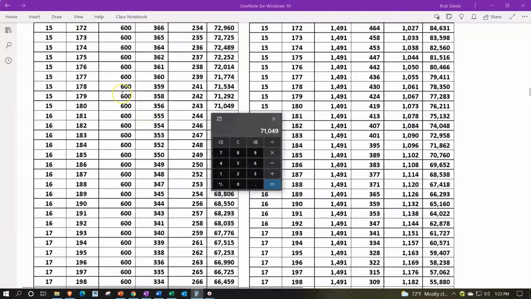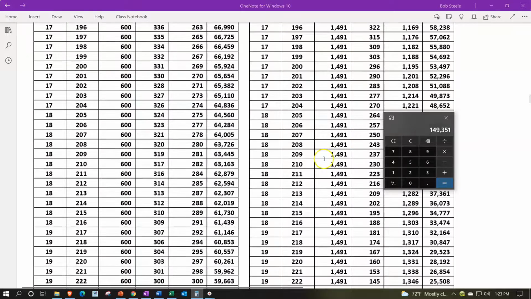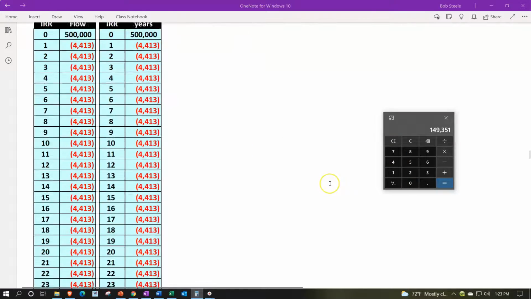7171,049, and plus this one over here after the 15 year, 76211. That's going to be the 147,260 plus the last payments that we had to make, which was 600, plus this payment of about 1491. That would be our outflow at the end if we had to pay off those 2 loans.